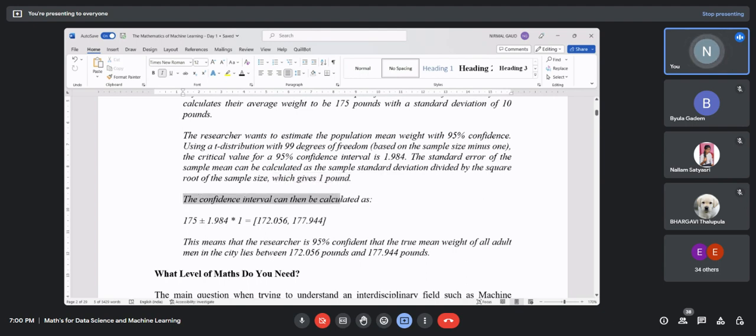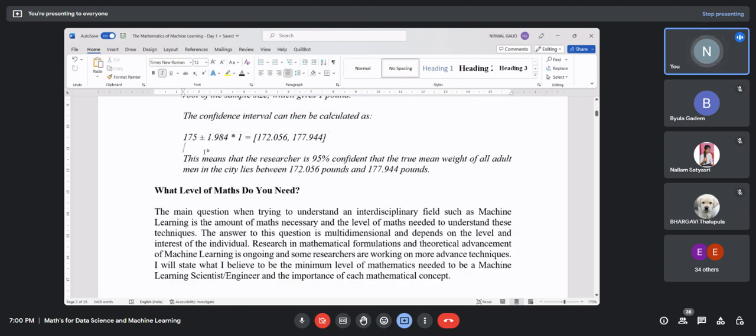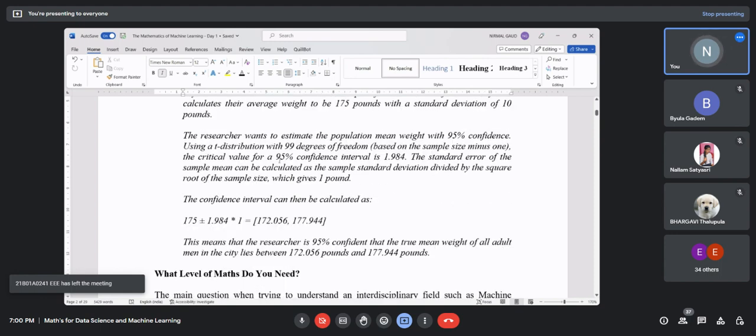So the confidence interval is calculated as 175 plus or minus 1.984 times 1. This is the interval within which the population mean weight is going to lie, with 95% confidence.